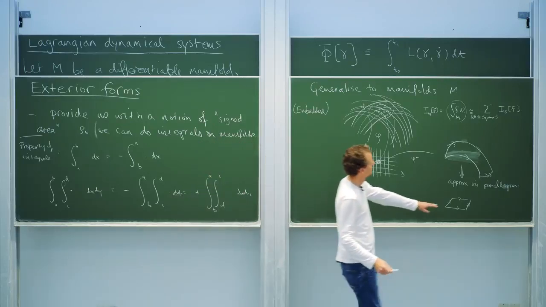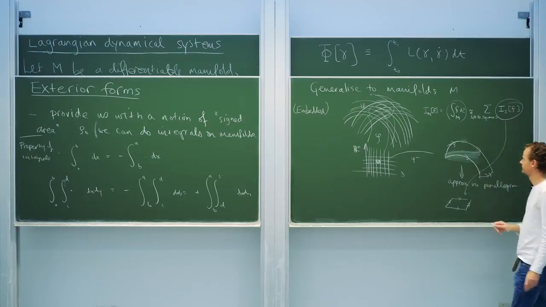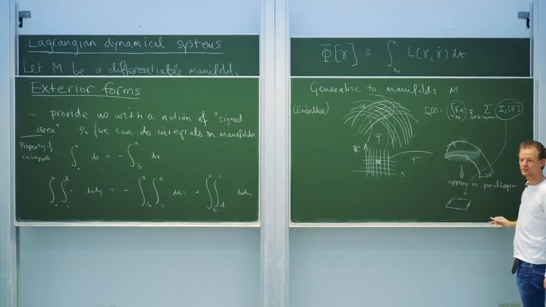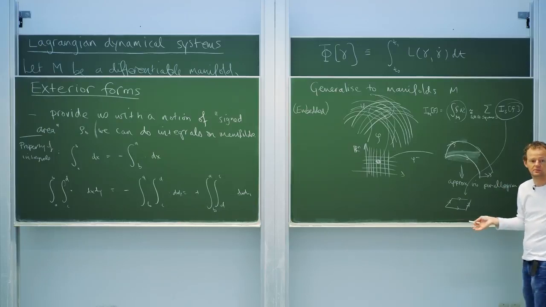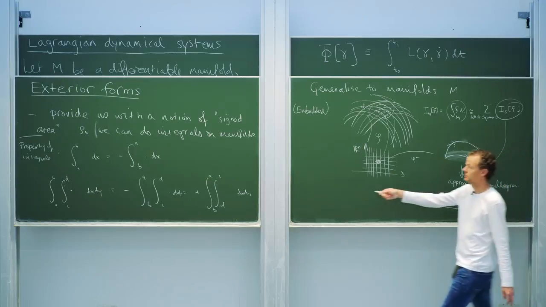So to calculate this thing here, we first calculate our curvy square on the manifold, and we approximate it with a nice flat parallelogram, and then we use our standard calculus to do the integral there. And if we reverse the orientation of this parallelogram, we're going to pick up minus signs according to this rule here.